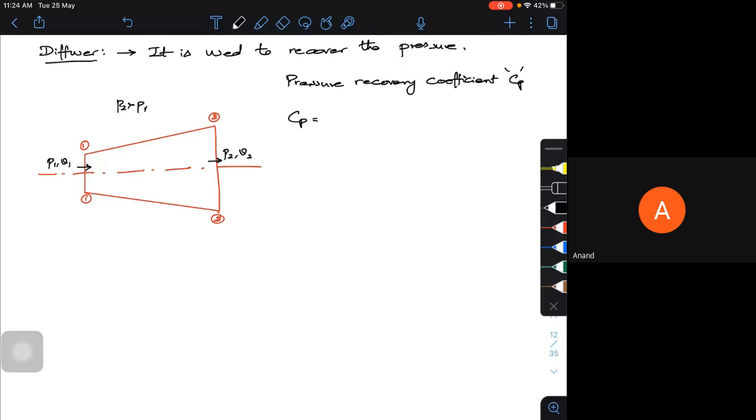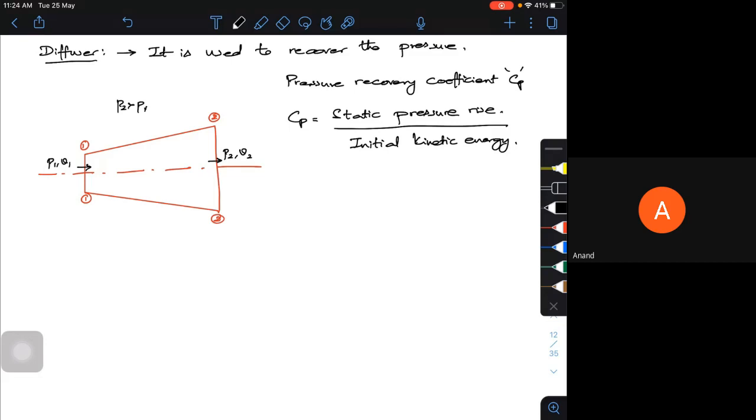It is the ratio of your static pressure rise to its initial kinetic energy. If I take the ratio of it, I get this particular quantity. What is the static pressure rise? It's P2 minus P1.